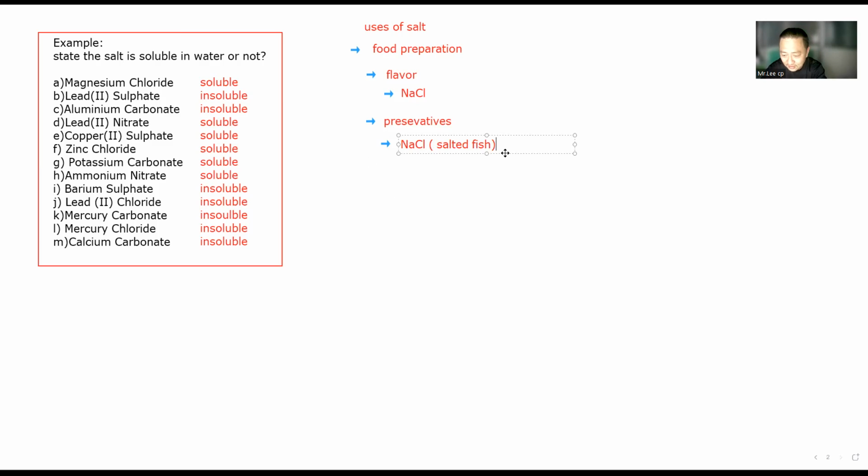Not only this, I give you some more, sodium benzoate. I use the name because this one is hard to write. Benzoate, this is a salt again, right? Sodium benzoate is in the sauce that you use.